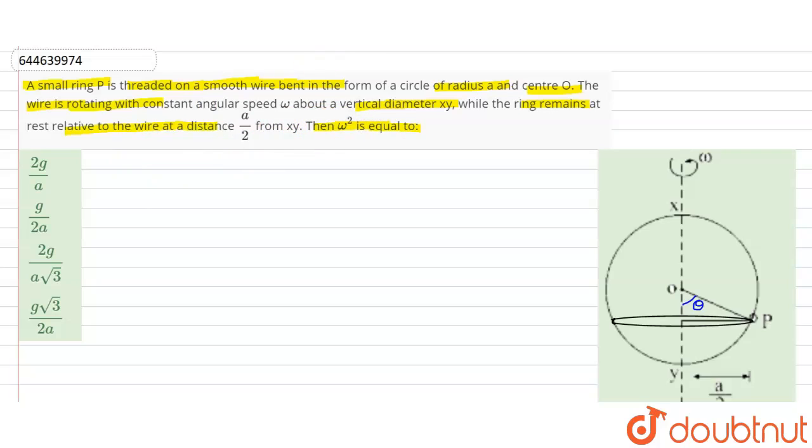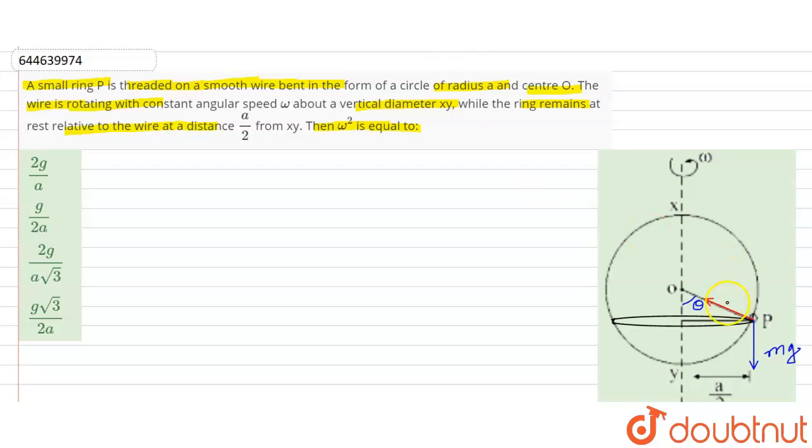So students, we know that this is our bead, and this bead experiences a gravitational force downward, and the value of the gravitational force is equal to mg. Now if we talk about the normal reaction on this bead, it is perpendicular to the wire, and the direction of the normal reaction is this.